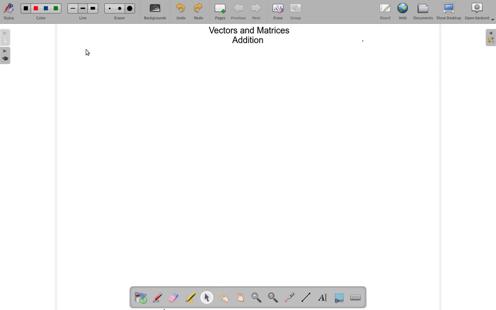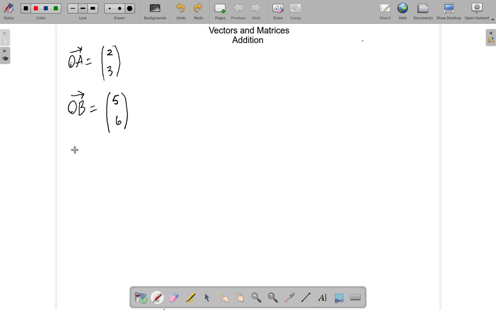Suppose you have two vectors, two position vectors. You're given the question: vector OA is, let's say, (2, 3), and vector OB is (5, 6).